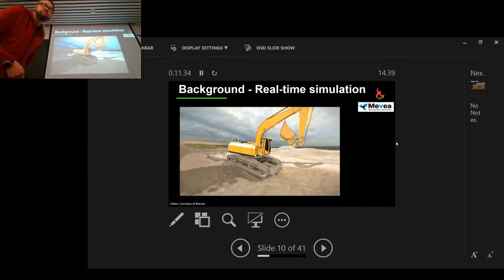Okay, so here are a few examples. This is pretty much the same kind of model that you can see in SimStudio. This is an excavator with deformable ground. The deformable ground is the environment model. The mechanical structure is the one in yellow. Then the actuators are hydraulic actuators.